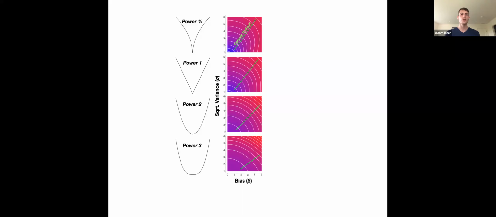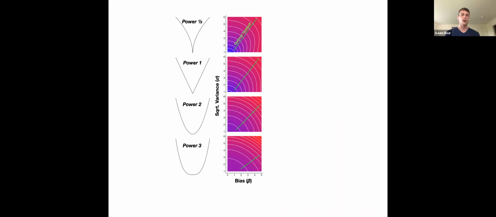So what I'm showing you in these surface plots is the expected loss, represented by the redness of different points, where redness is something you want to avoid, and you'd ideally be in the bluer points. I'm plotting the bias on the x-axis, and the square root of variance on the y-axis, so these are kind of incomparable units. The white isoclines represent points of equal expected loss along this bias-variance trade-off.